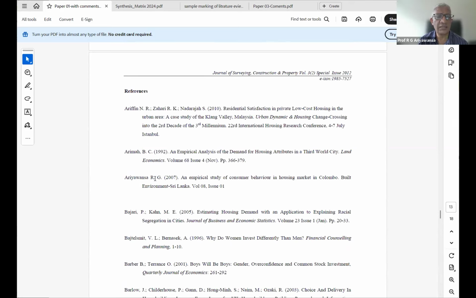Here the full details: year, initial, and title, an empirical study of consumer behavior in housing market in Colombo, Built Environment Sri Lanka, volume 8, issue 1. So likewise, publisher details, journal and its details. There are many more, they should provide the page numbers as well, but they have not provided some details, but at least these minimum details.